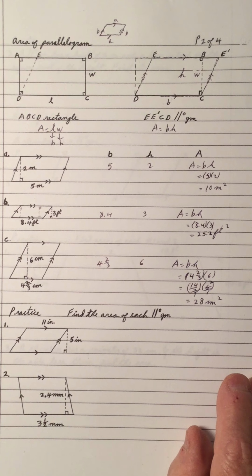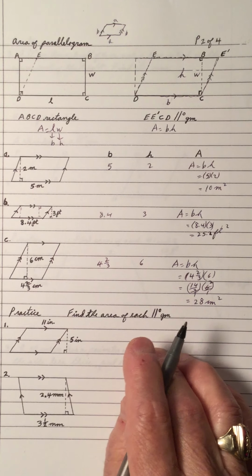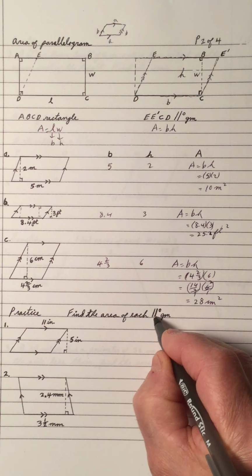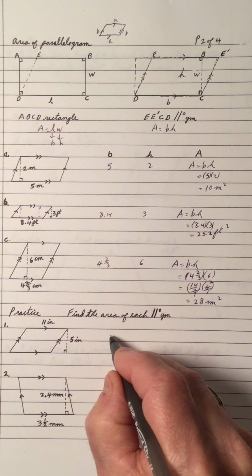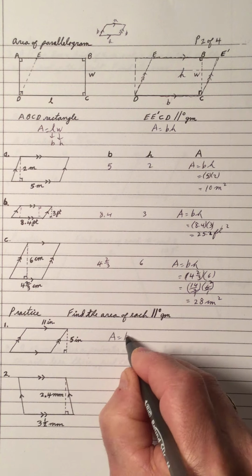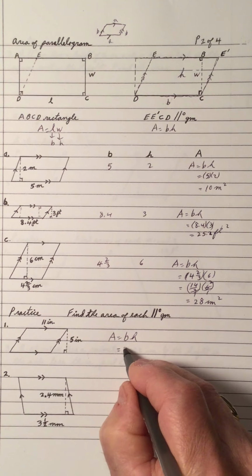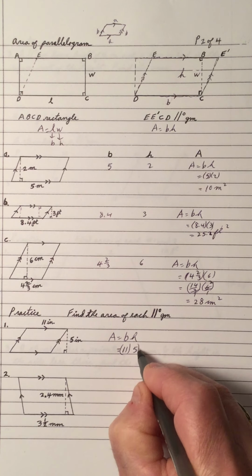Practice means you pause the video, work out the answers, and play it back to see if you're right. The area of a parallelogram, notice this is the symbol I use for parallelogram. It's a shortcut for writing it out. Area of a parallelogram is base times height. The base is 11. The height is the perpendicular distance of 5.